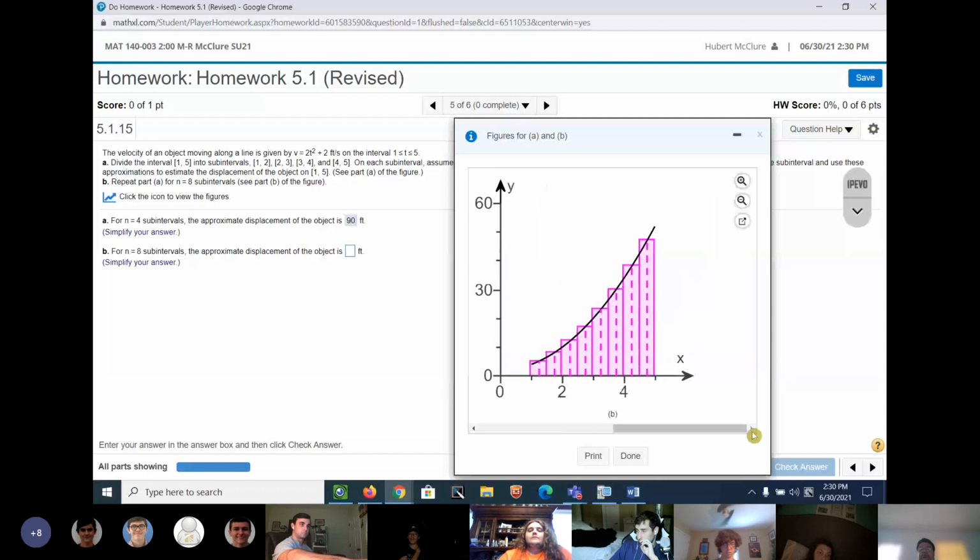Now, I'm going to do the first 2 for you on here. This is 1.5, so this would be 1 1/4. So that midpoint right there is 1 1/4.